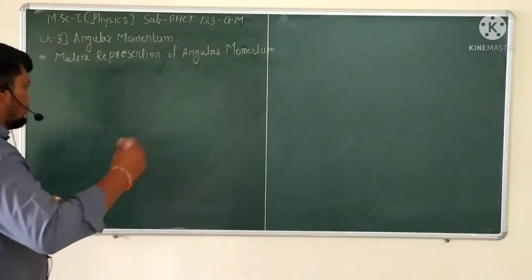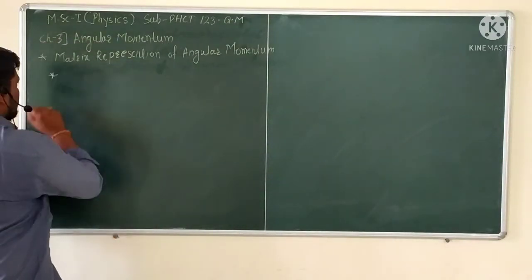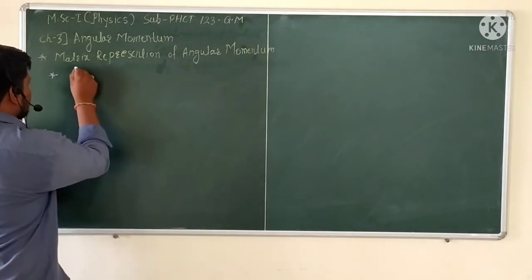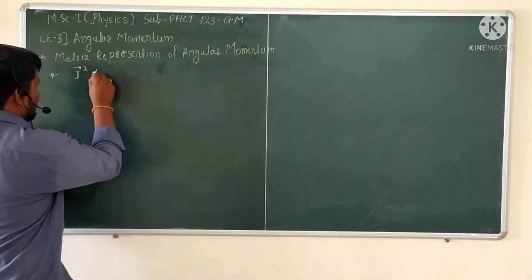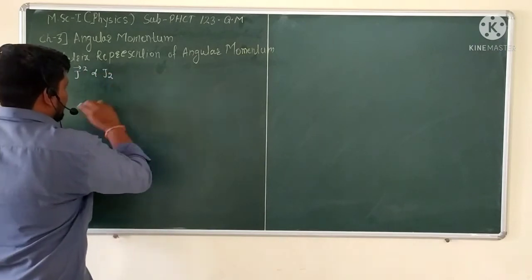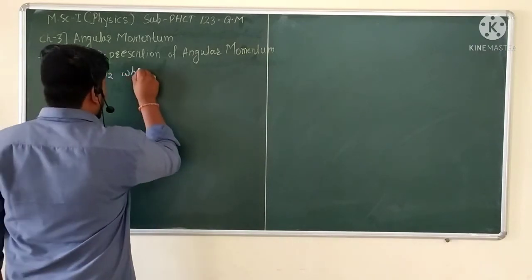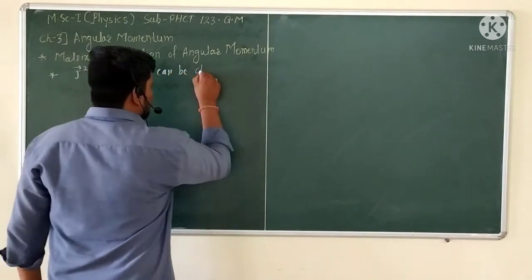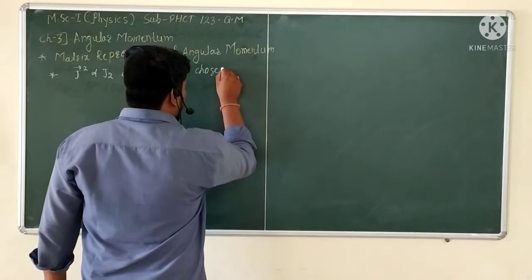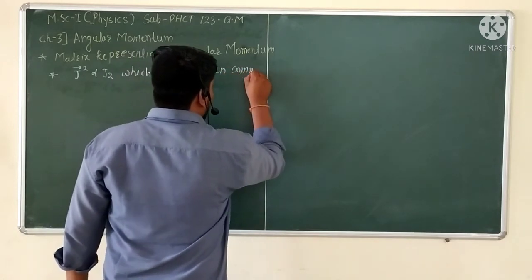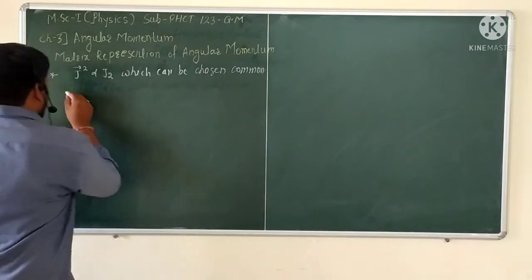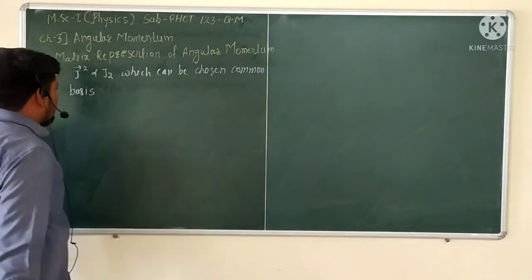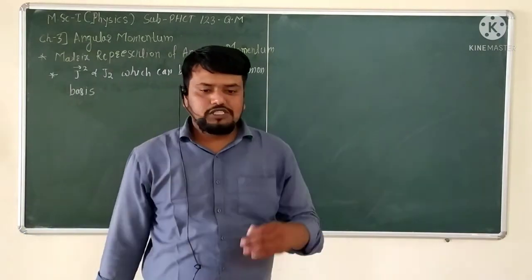We have already calculated the commutator relation of J squared and Jz, so they can be chosen to share a common basis, and this basis condition we have to see here.